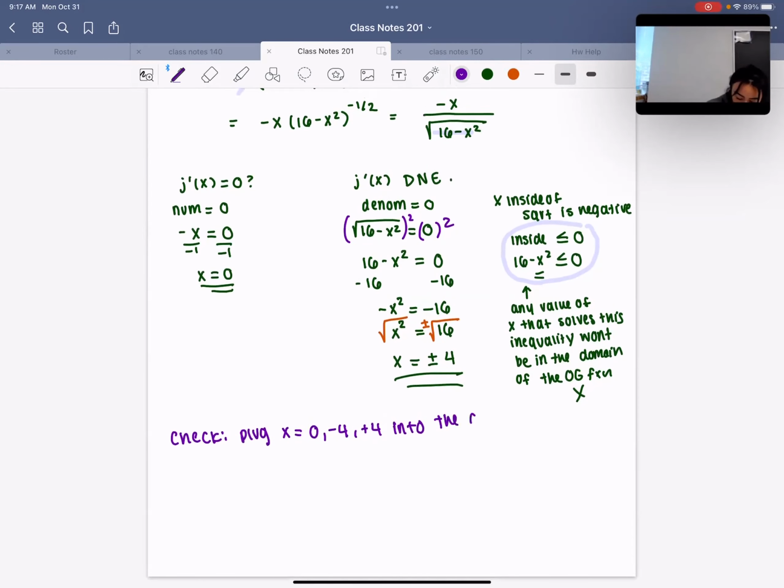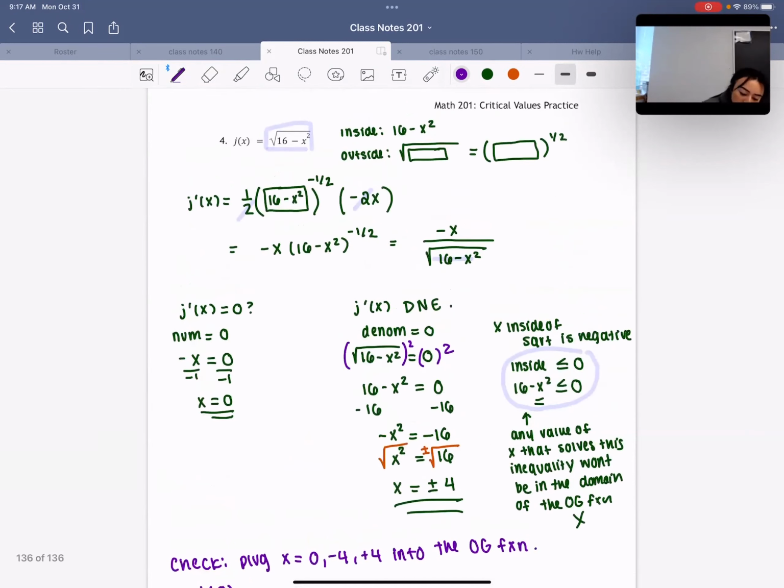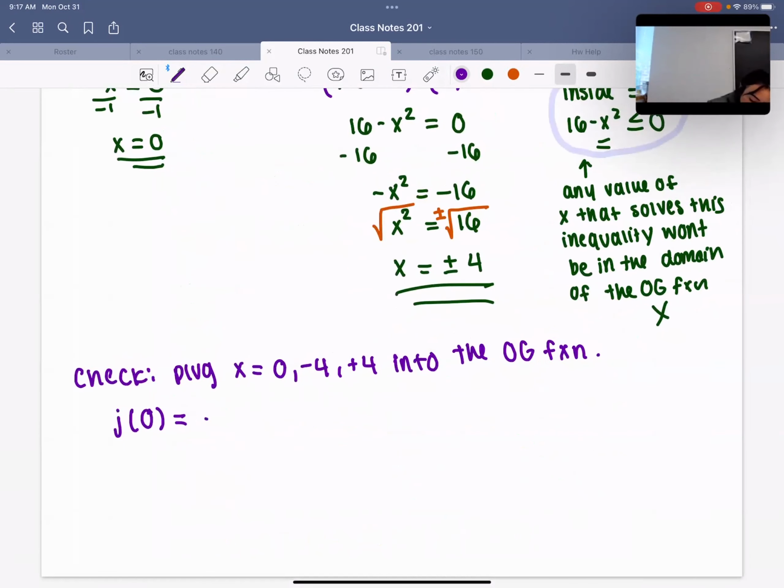So into the original function, okay? So I'm going to do j of 0. Okay, my original function is the square root of 16 minus x squared. So I'm going to do the square root of 16 minus 0 squared. That's the square root of 16, which is 4. Okay, because I have an actual value, that value exists, I know that this is okay.